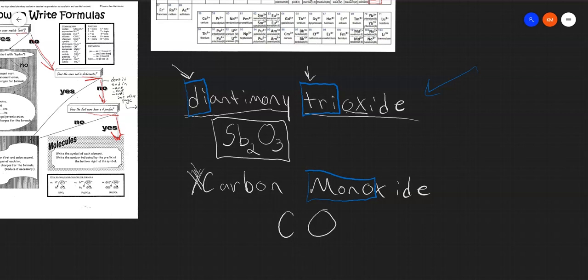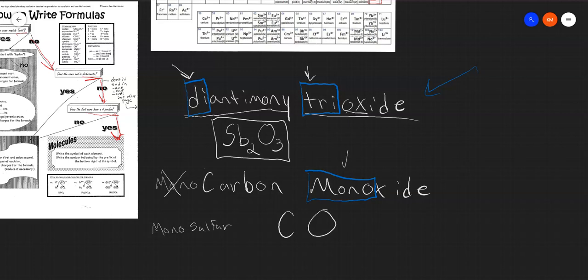So one thing to keep in mind as we're writing out these names is you notice that you don't see monocarbon, or the other one we did, monosulfur. We do not use mono on the first term.